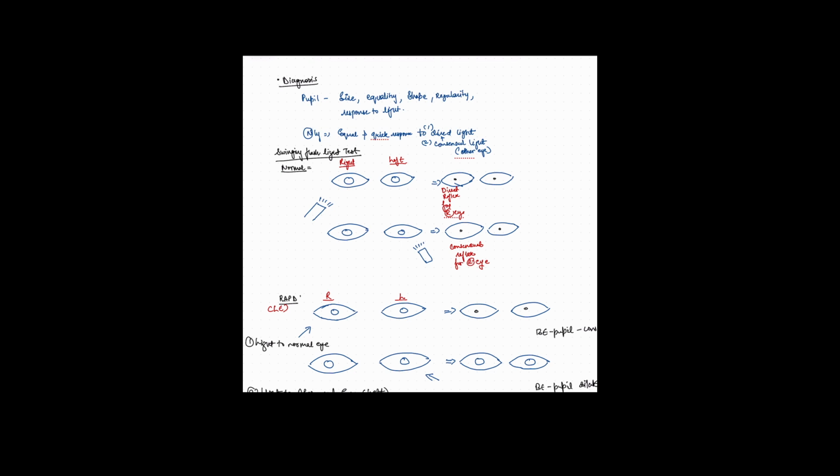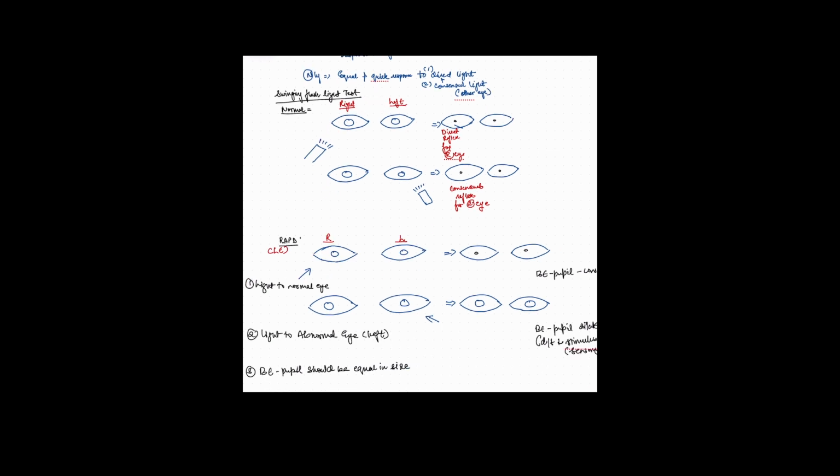Okay, in the normal eye, if I show my light, there is constriction of both the pupils simultaneously. That means that the right optic nerve pathway and the efferent pathway of both eyes is normal, absolutely normal.